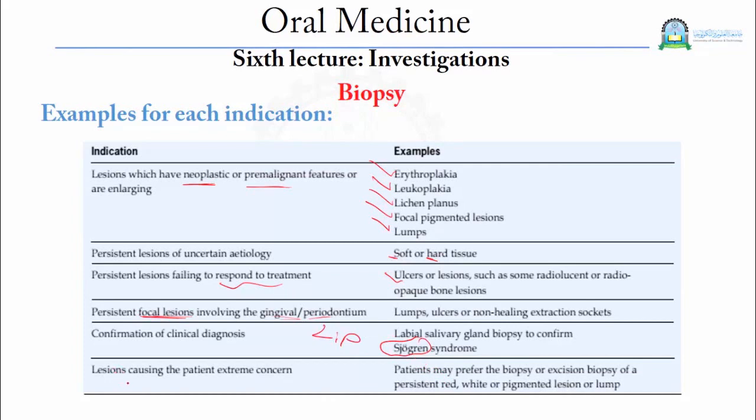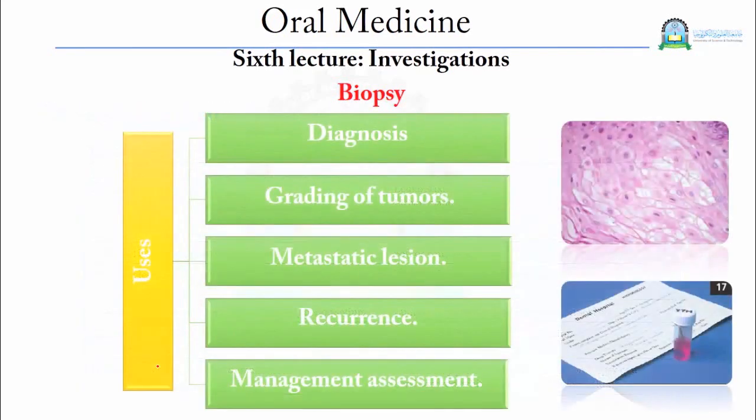Finally, an indication of biopsy is lesions causing the patient extreme concern, where the patient may prefer an excisional or incisional biopsy if there is any persistent red, white or pigmented lesion or lump.